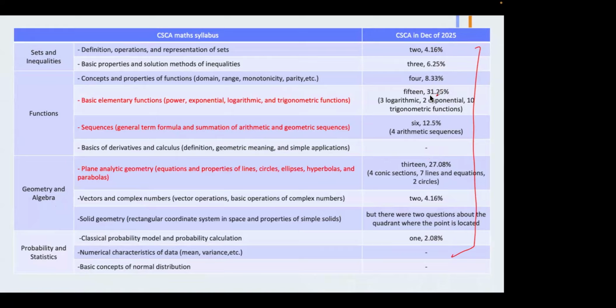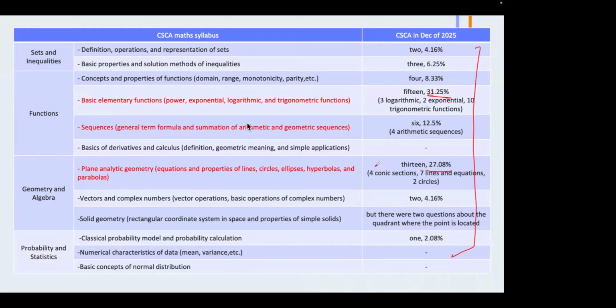For example, here, this one and this one for functions and geometry and algebra. It's direct to see that those points is important because they have high proportion in your examination, all right? But what I mean, when you try to review the math topics, especially when you have multiple subjects, you may not have so much time. So you could lay more foundation on this part, which have high proportion to help you, okay?